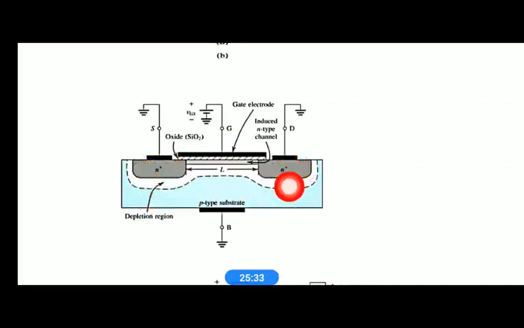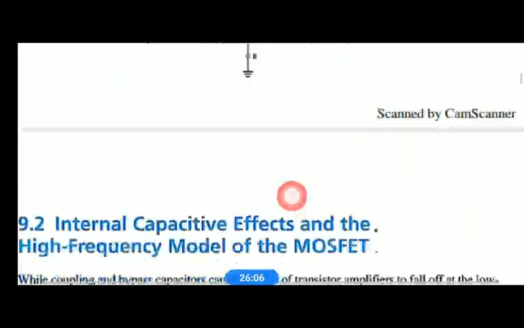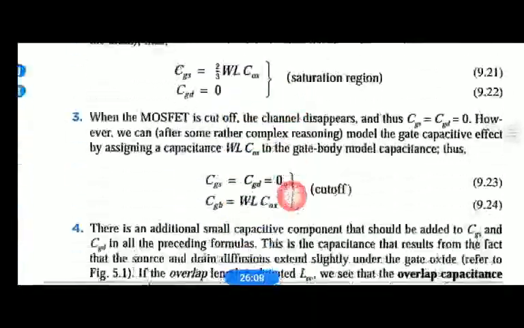The drain to body also forms a reverse bias, so there is a big depletion layer between source to body and between drain to body. This also forms a capacitive effect: N plus is one plate, P is another plate, and the depletion layer is the dielectric between them. That is source to body, and drain to body gives another capacitive effect.